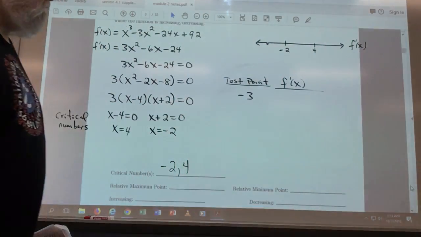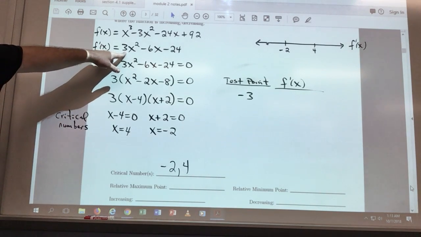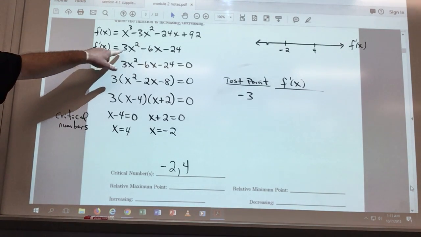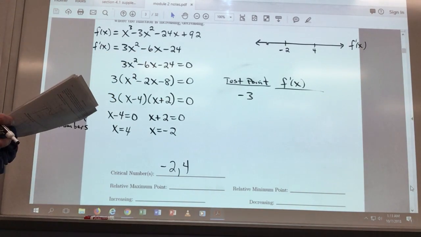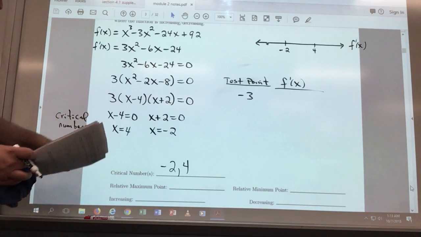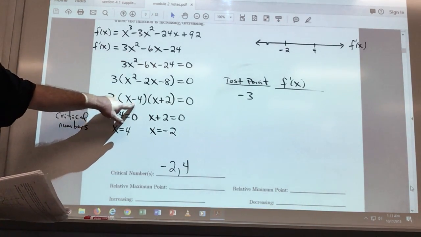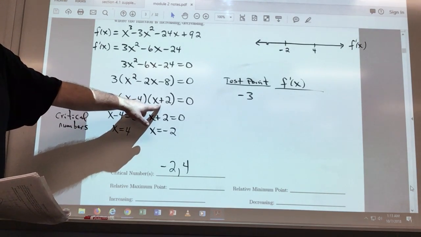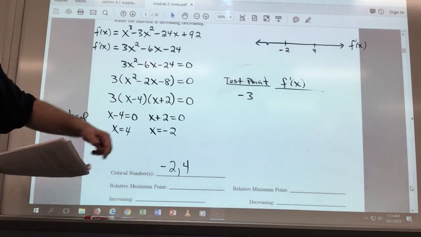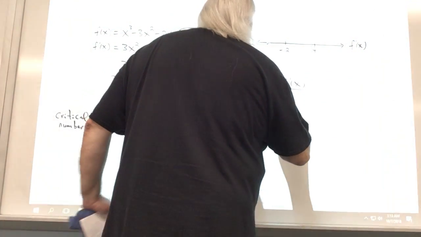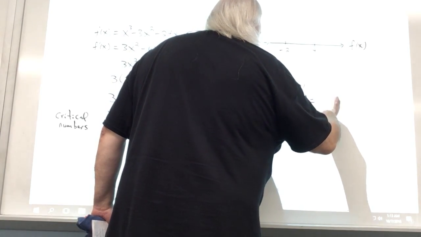Okay? And when you plug in for x, you can use the quadratic, 3x squared minus 6x minus 24, or you can use the factored form down here, right? This up here is equal to 3 times x minus 4 times x plus 2. Well, if I put in minus 3 for x down here, I have 3 times minus 7 times minus 1, which is equal to 21.